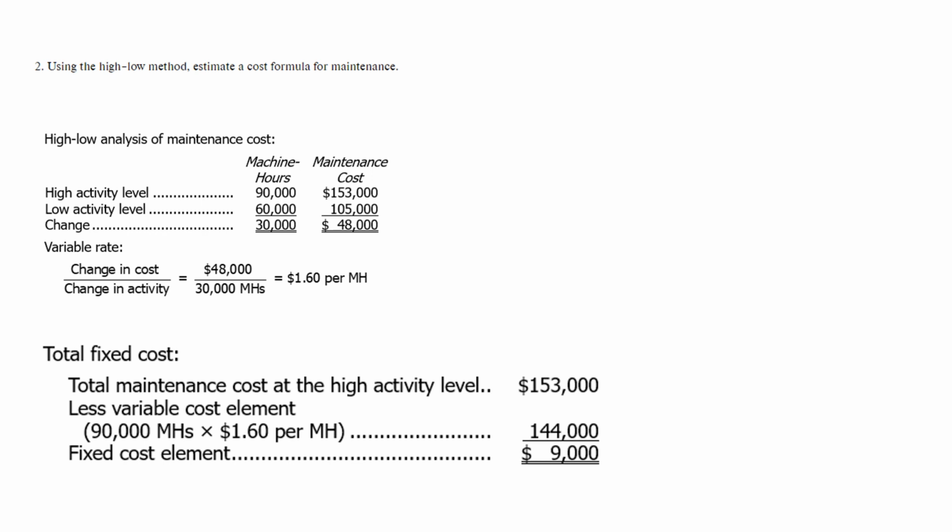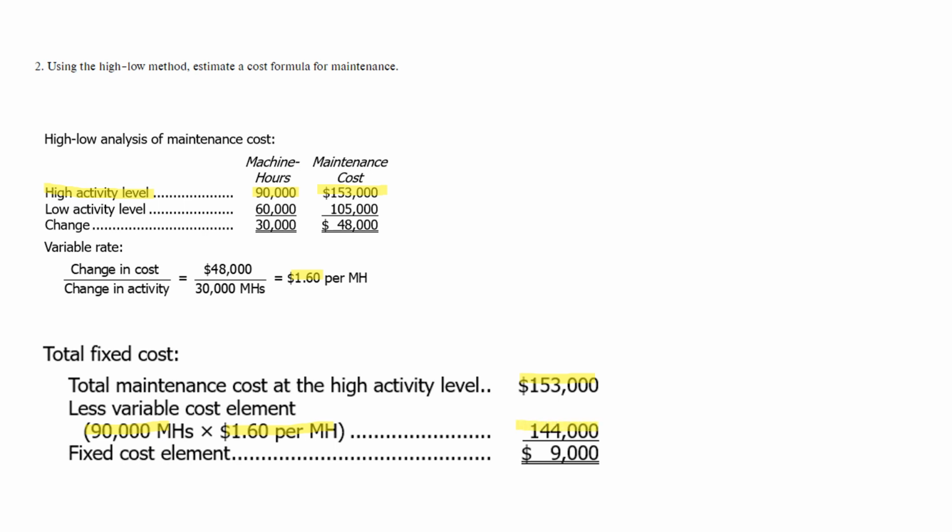So we do know our total maintenance cost at one of the points, so let's pick the high activity level point, so our total maintenance cost was $153,000. So that's here. We also figured out our variable cost per unit was $1.60. So if we do our $1.60 per machine hour, and in our high activity level, our machine hours are 90,000, if we multiply them, at this activity level we know our variable cost portion is going to be $144,000.